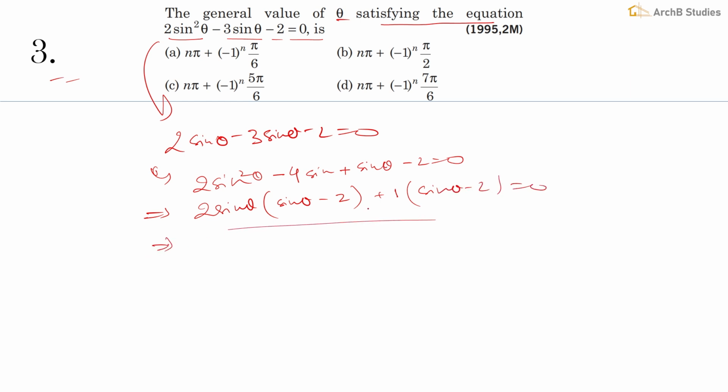From this we can take sin theta minus 2 as common, so sin theta minus 2 times 2 sin theta plus 1 equal to 0.